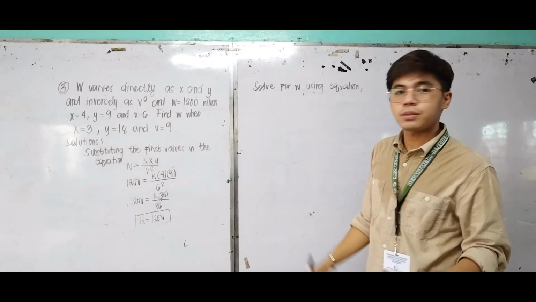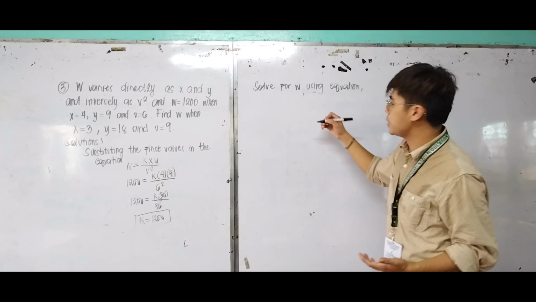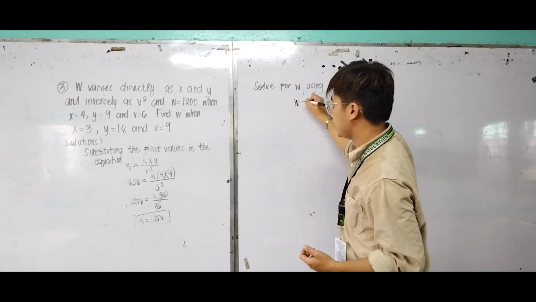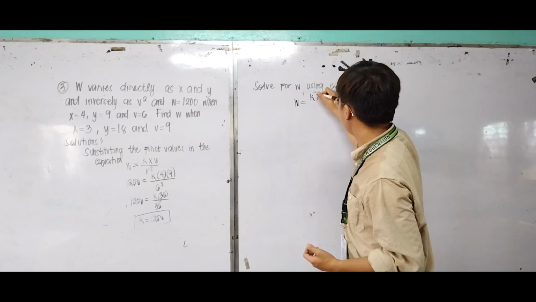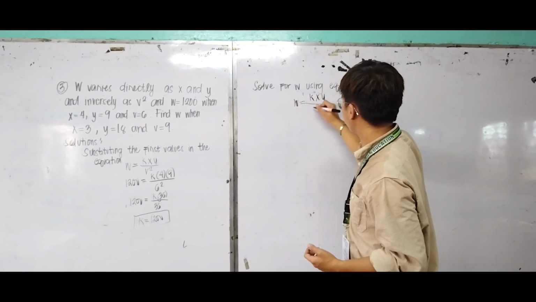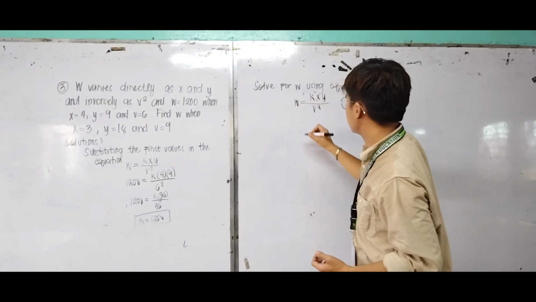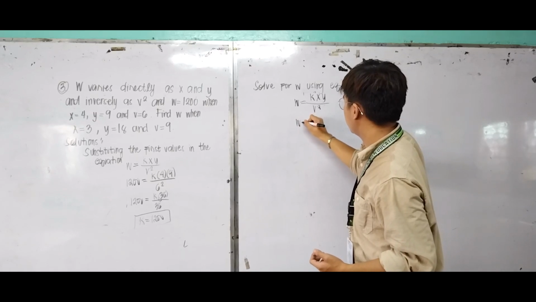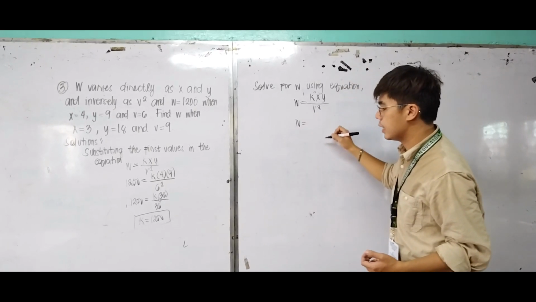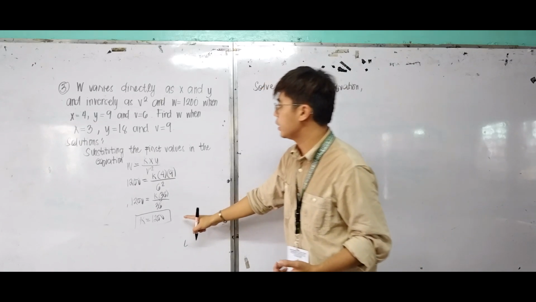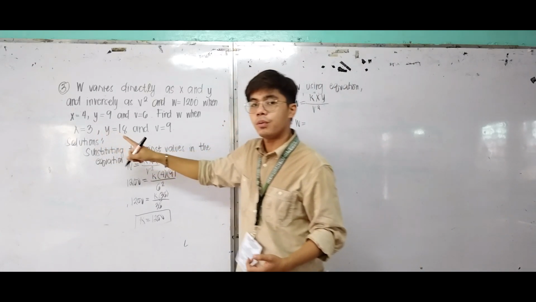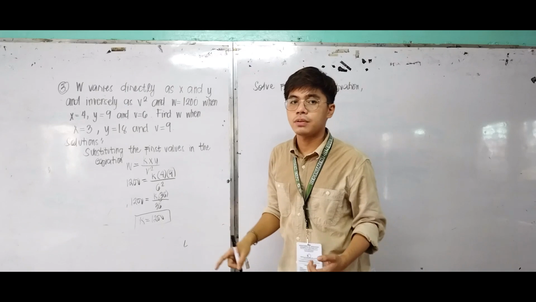Okay, next is we need to solve for w using the equation w equals k times x times y over b squared. So we have the given k equals 1200, x equals 3, y equals 18, and b equals 9.